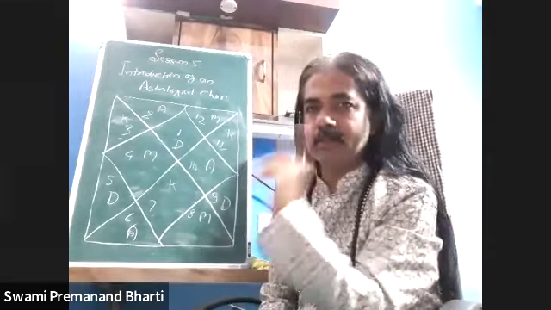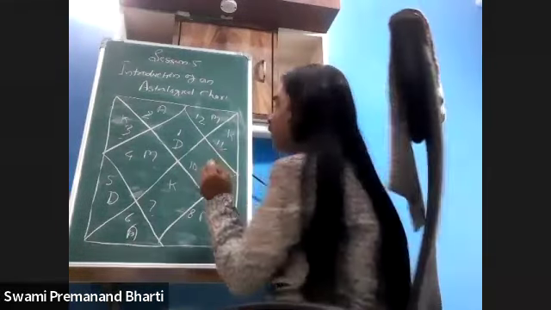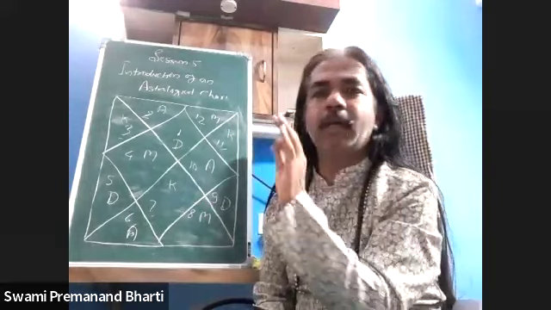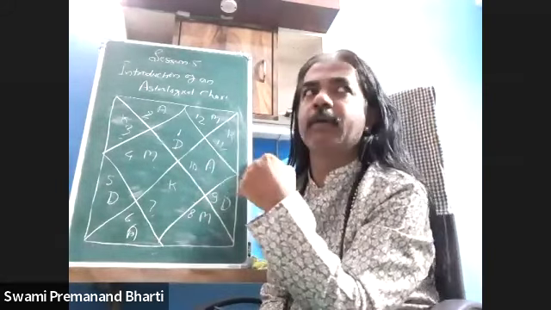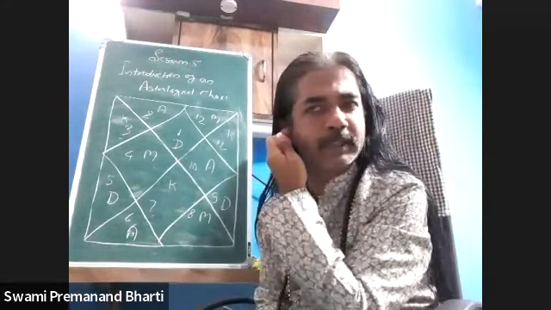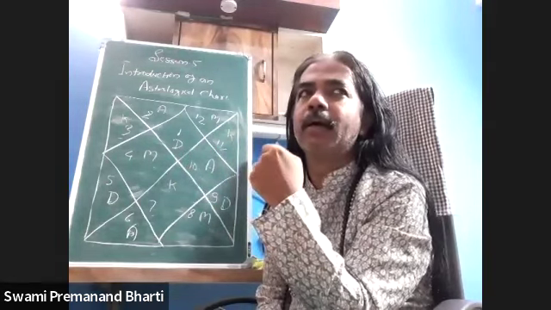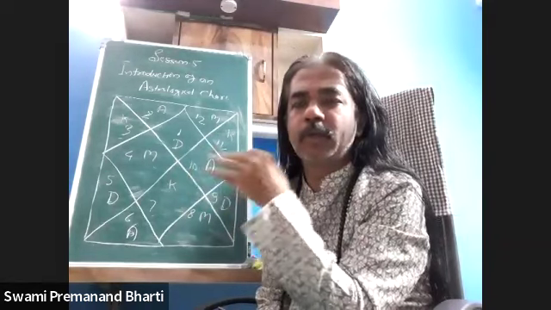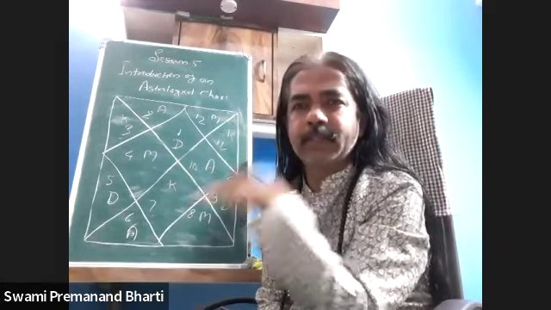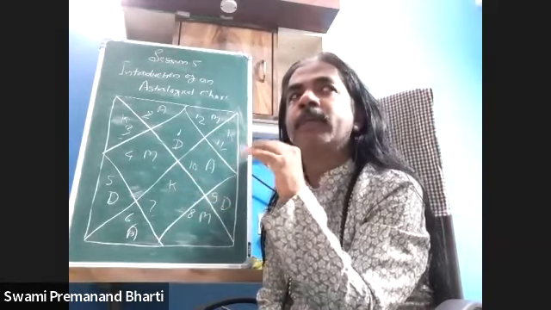Final categorization is this. There are three gunas of nature. I will post one session with my students on the gunas, tomorrow or the day after tomorrow, because that session may happen this evening.